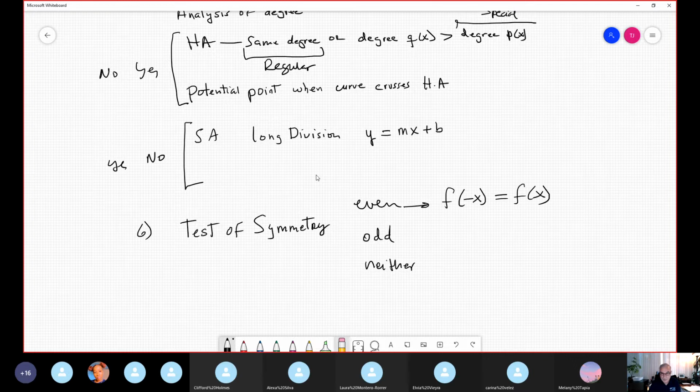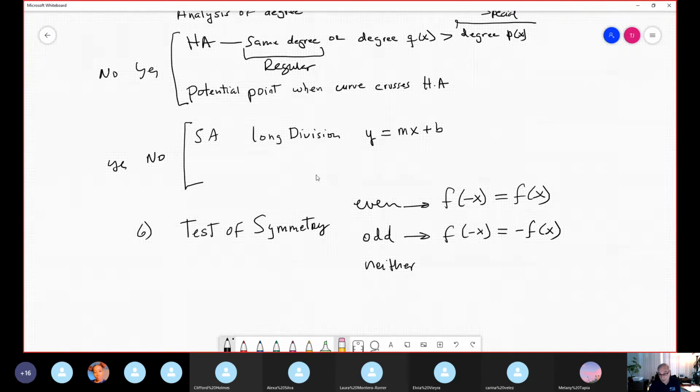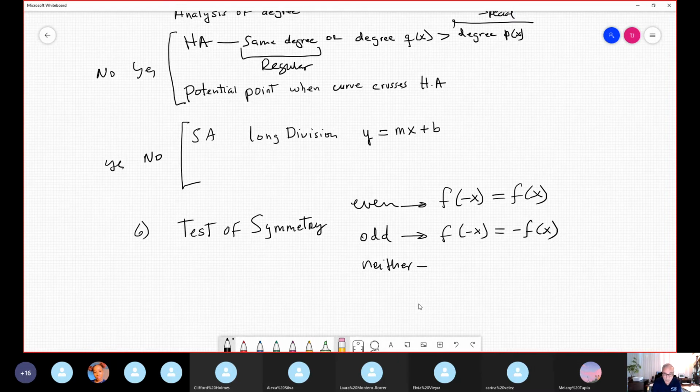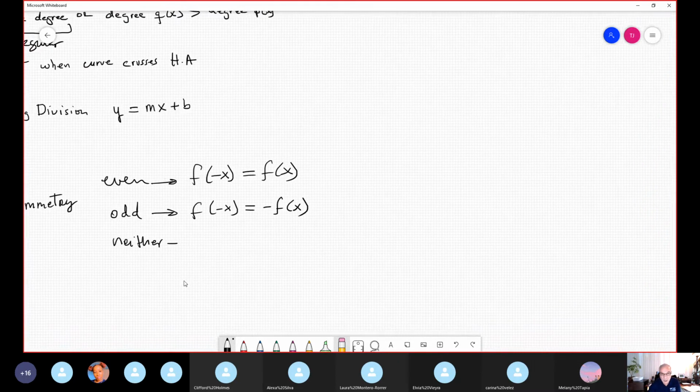In other words, the positive part and the negative part are the same. When it's odd, when you do reflection, it has the opposite sign. In other words, the positive part and the negative part are the same, but in opposite direction. And neither has no law, totally arbitrary, not important. So now I take advantage of the test of symmetry because suppose that you are doing a complicated graph.